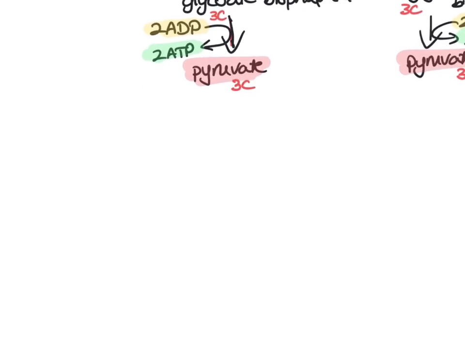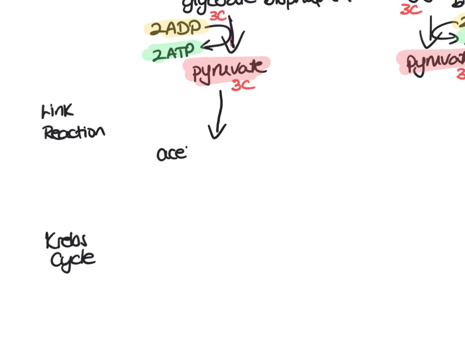so if we go from pyruvate here, then we've got the link reaction followed by the Krebs cycle. So the link reaction is basically changing pyruvate into acetyl coenzyme A. Okay.